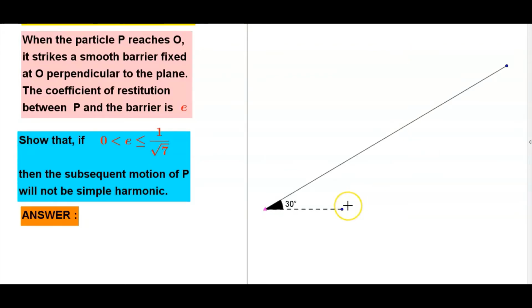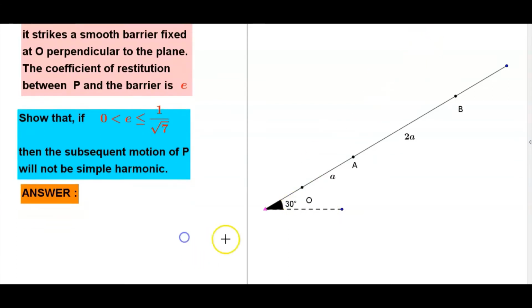This is the inclined plane, 30 degrees to the horizontal. Some points are here: here point O, here point A. OA is equal to a, and here point B such that AB is equal to a.